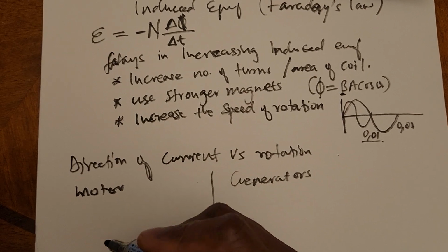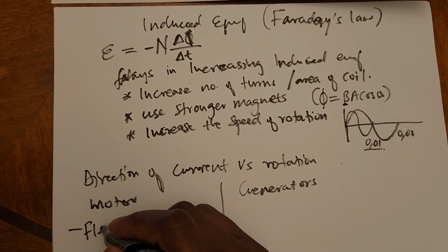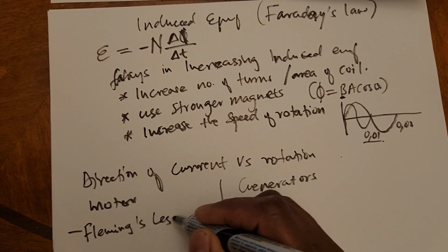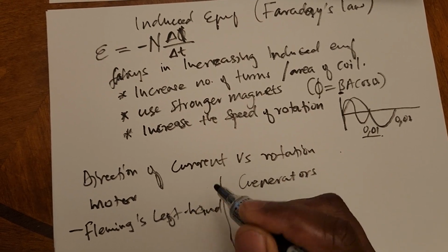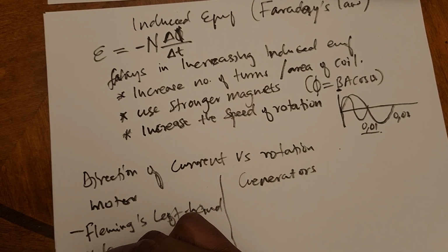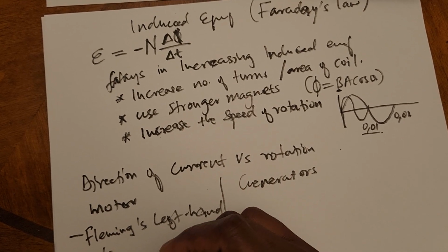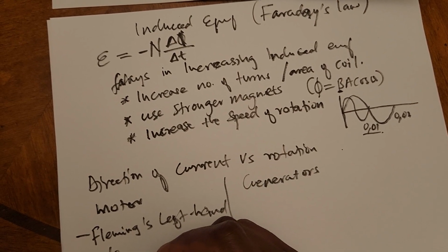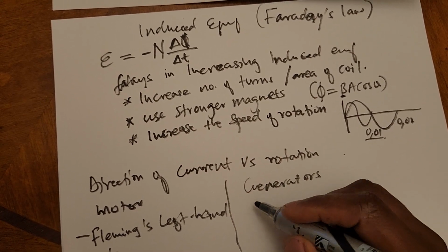The motors, what do they do? Motors are using Fleming's left-hand rule. Or they just oppose this one. The current and rotation oppose one another. That's very important and simple. We'll show you how it's applicable.